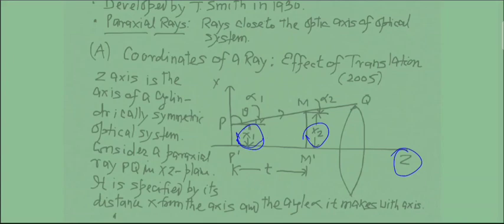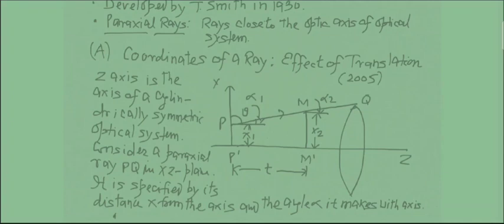Do not get confused between this x and this x. This x is used for the axis, whereas these x are being used for coordinates along this axis. Those are basically your x1 and x2, which show the distance between the z-axis and that particular ray at a particular point.